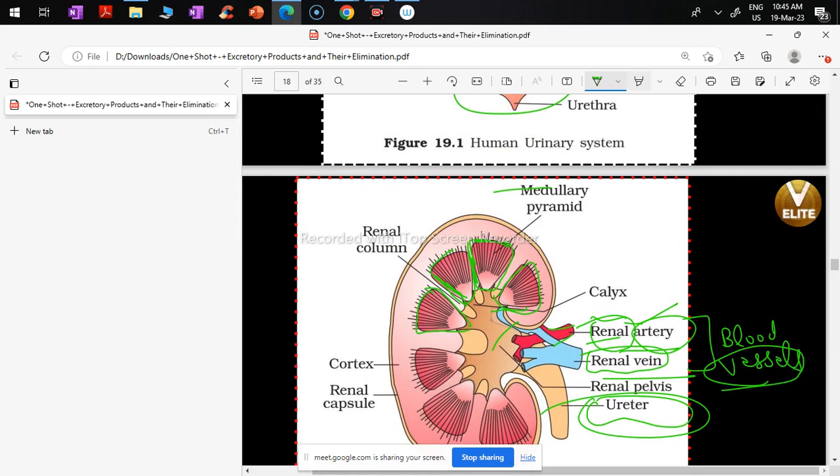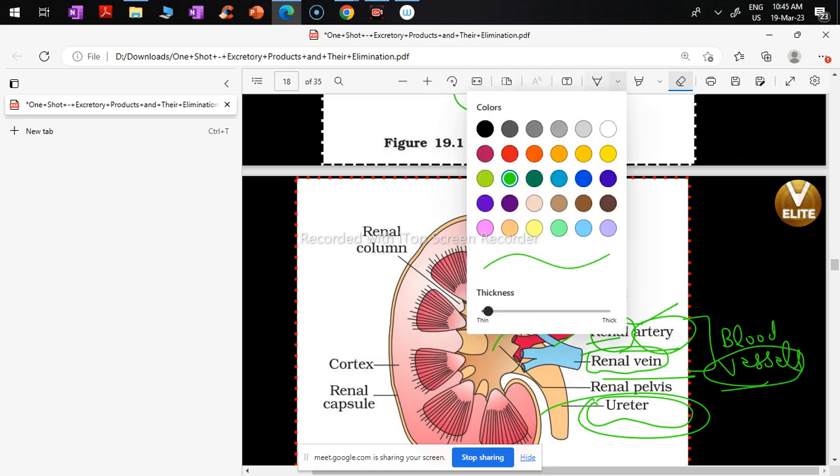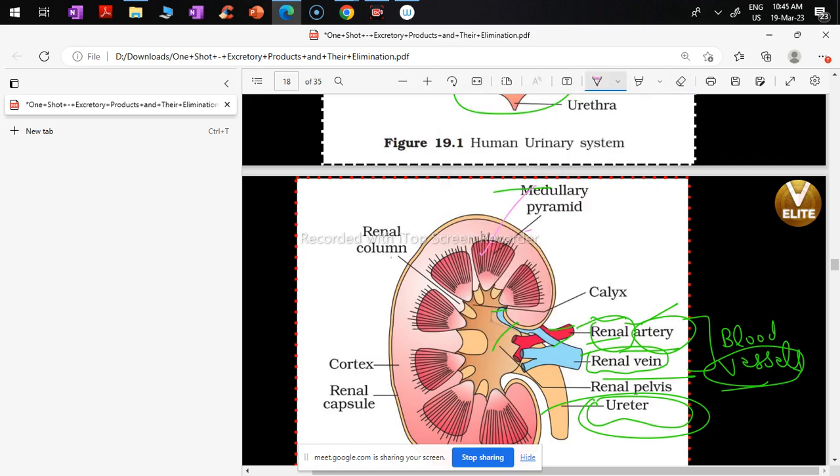And the renal column is there. Where is the renal column? These are your medullary pyramids, this is one, this is another, this is a third. Between these medullary pyramids there is a renal column, as you can see here.